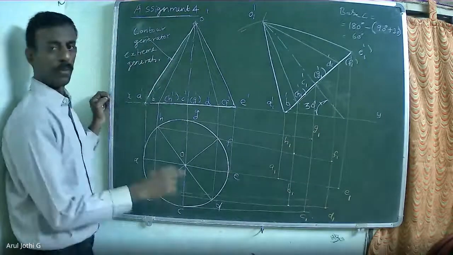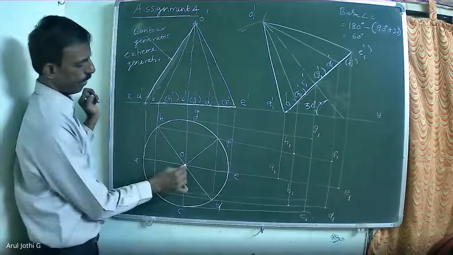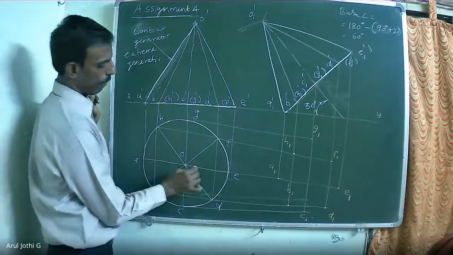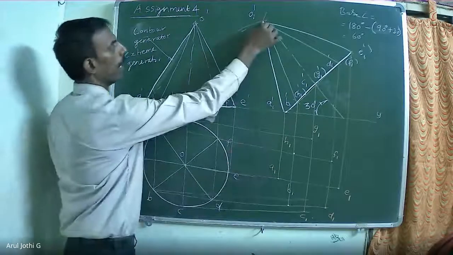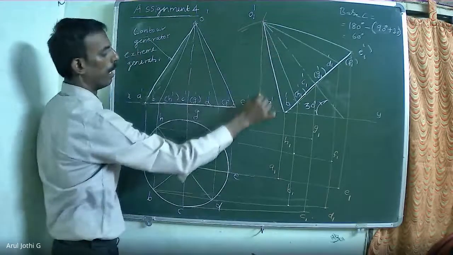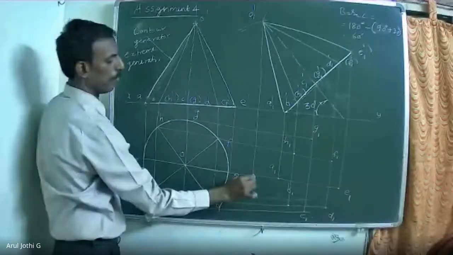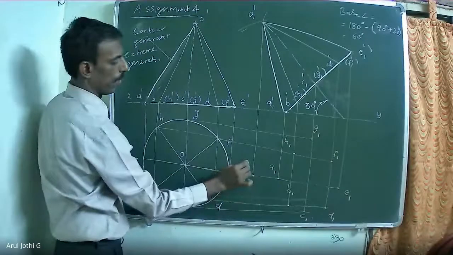After this, you have to find the intersection points of the apex point also. Extend the apex point O and the apex point O1 dash. Both are intersecting, forming O1.